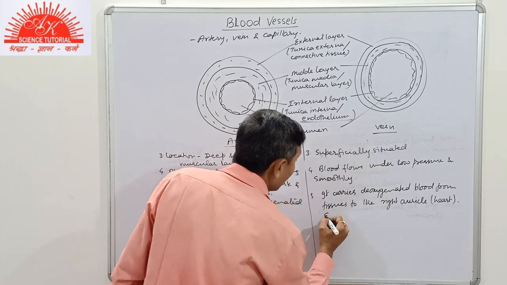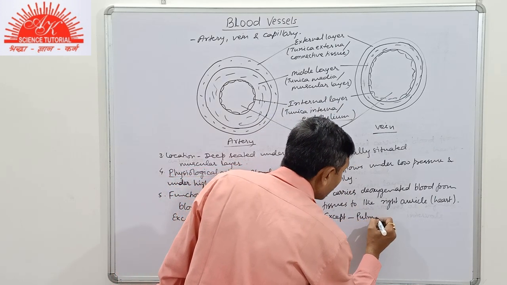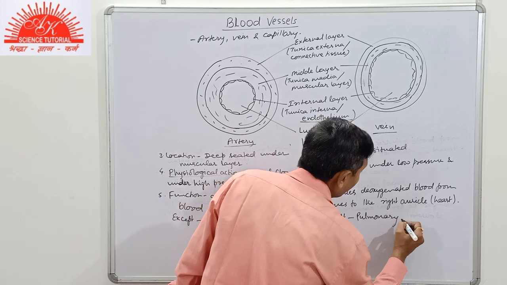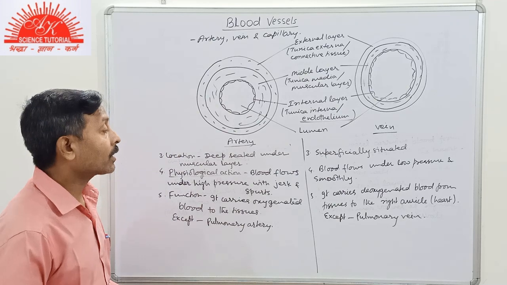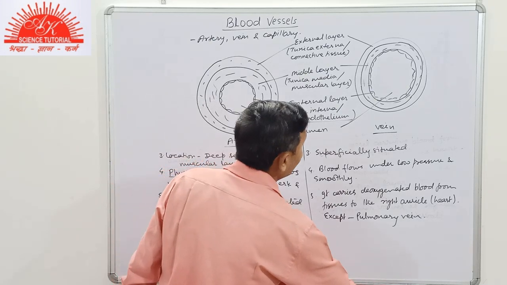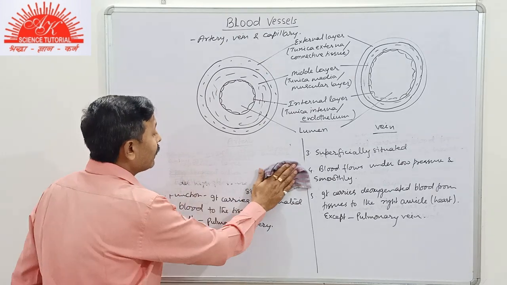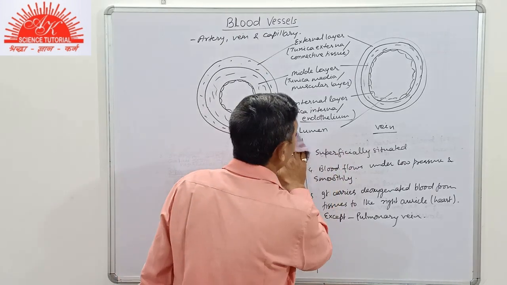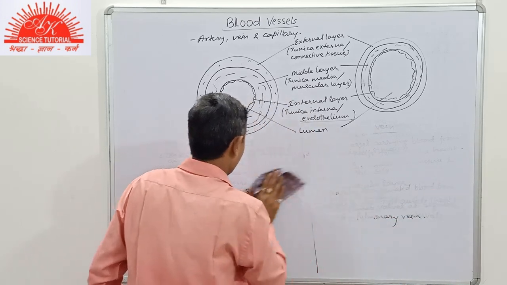But here there is also an exception, the pulmonary vein. This is the vein which carries oxygenated blood from the lungs to the left auricle. So this was about the different points related to artery and veins for comparison.